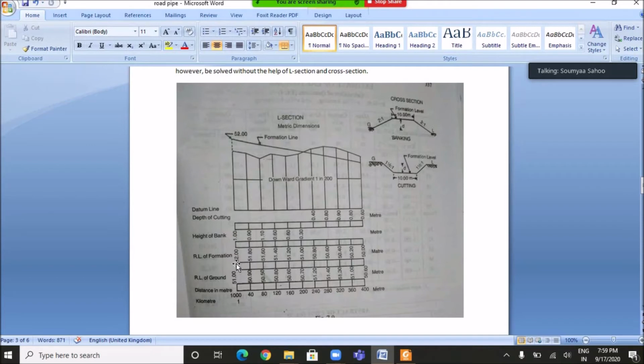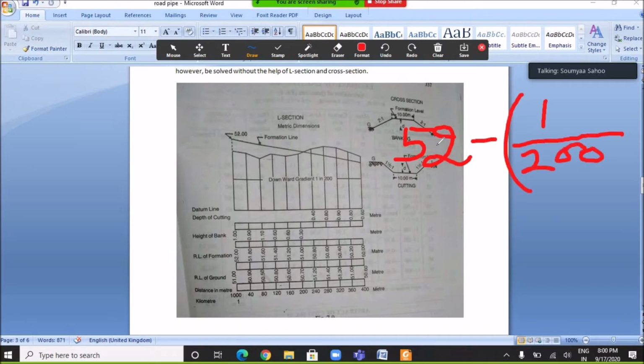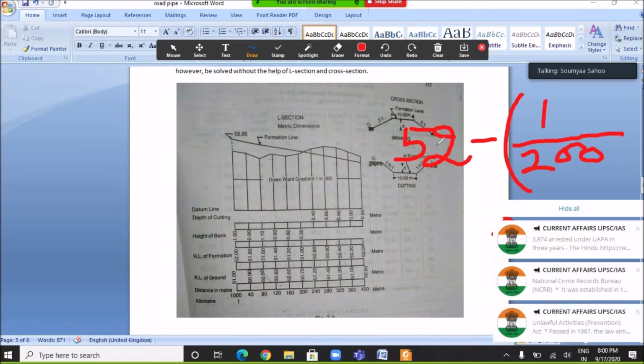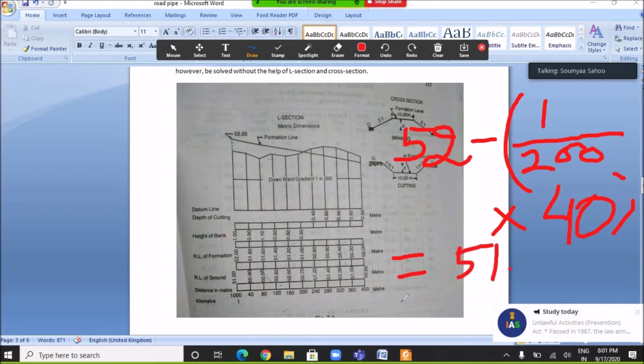The first reduced level is already given in the question, which is 52 meter. The next reduced level we can calculate from the formula: previous formation level, which is 52, minus slope into the chainage, which equals 51.80 meter.